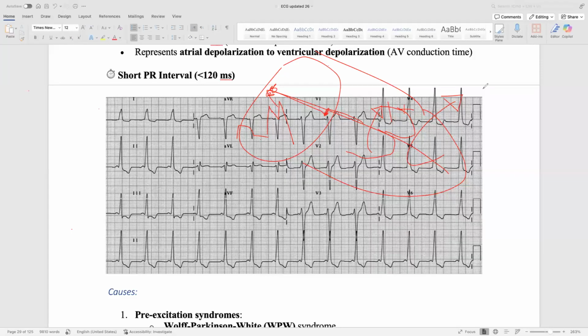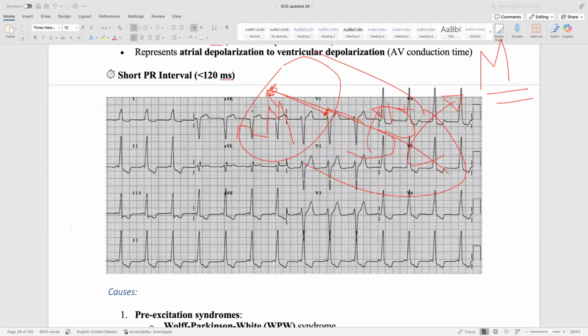In the left bundle branch block, the axis of the electricity, where does it go? Instead of going one way, it will go this way. So in lead 1, the electricity is here, it will be strongly negative. It is normal, it is negative, but more deep. Why?